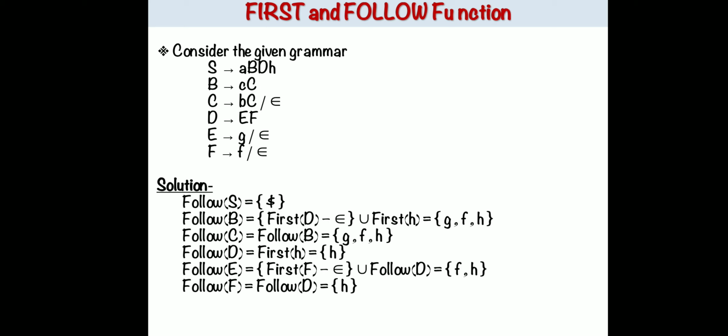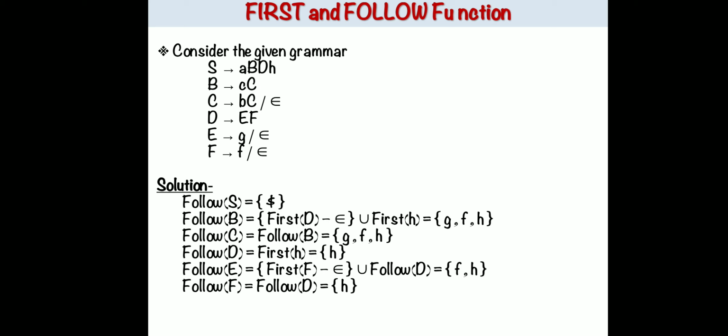So everything in follow of B will be placed in follow of C. I hope you have understood that. Again I am repeating, if there is nothing after C, which we are calculating, then everything in follow of B will be in follow of C. So we have written G, F and H.